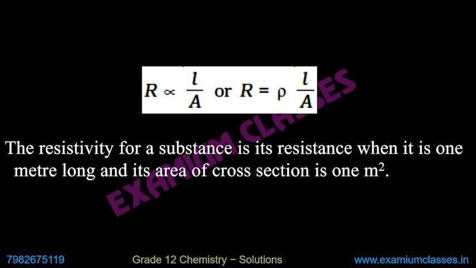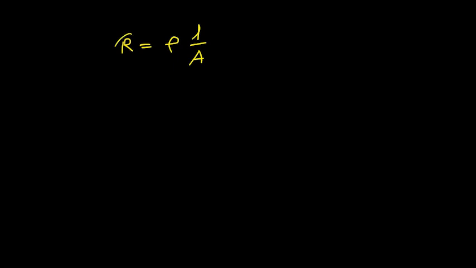The resistivity for a substance is its resistance when it is 1 meter long and 1 square meter area is there. The formula is R equals rho L by A. R will be equal to rho if L is 1 and A is 1. That is the definition of resistivity basically.